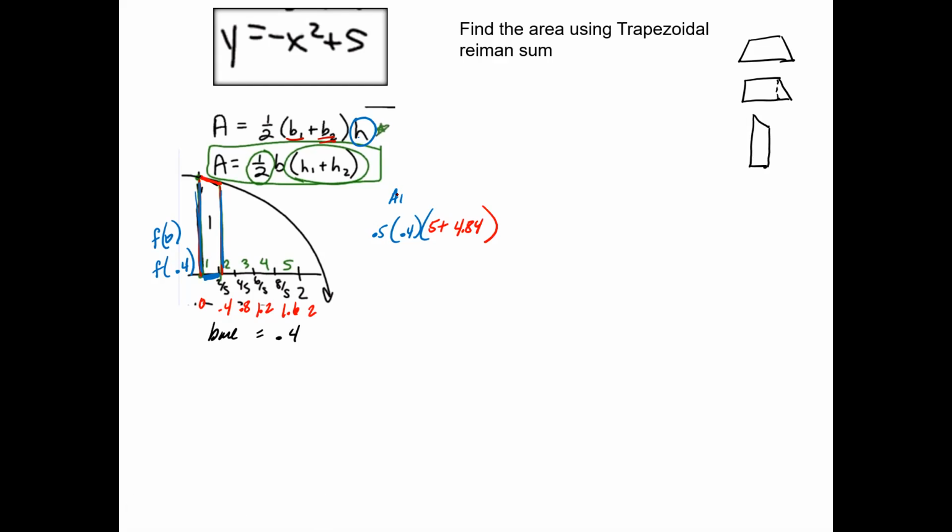Okay, and remember your first area is going to be 0.5 times your base times your height 1 plus height 2. Your height 1 is f of 0, height 2 is f of 0.4. So there you go.